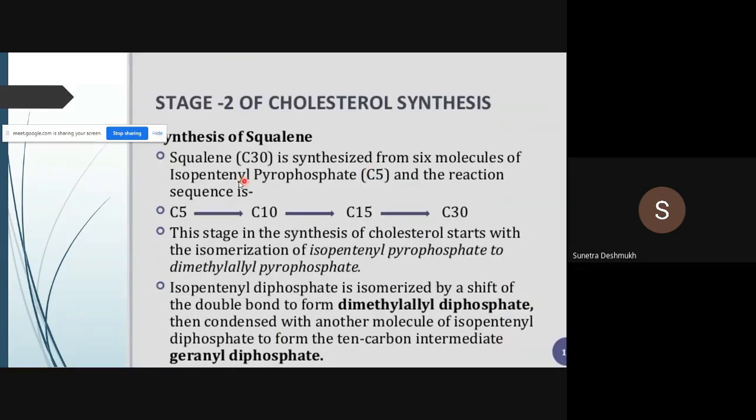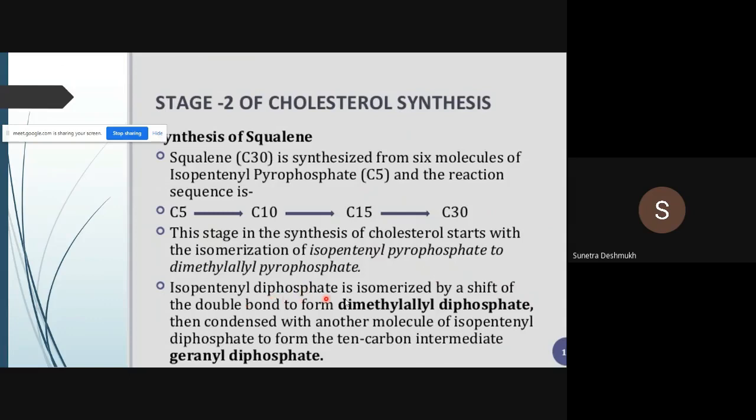As we know, squalene, C30, is synthesized from 6 molecules of isopentenyl pyrophosphate units, and the reaction sequence goes from C5 to C10, C15, and C30. This stage of cholesterol synthesis starts with the isomerization of isopentenyl pyrophosphate to dimethyl allyl pyrophosphate.